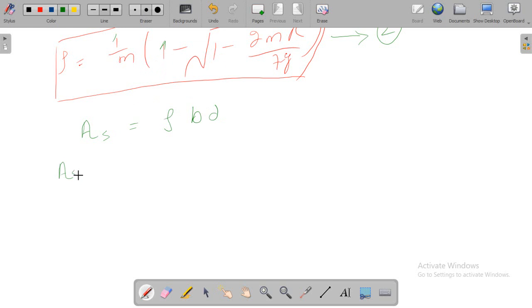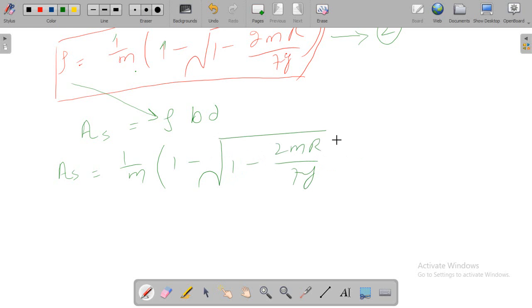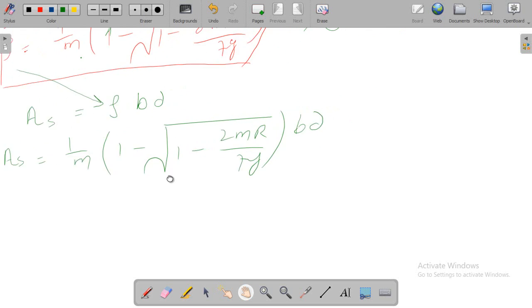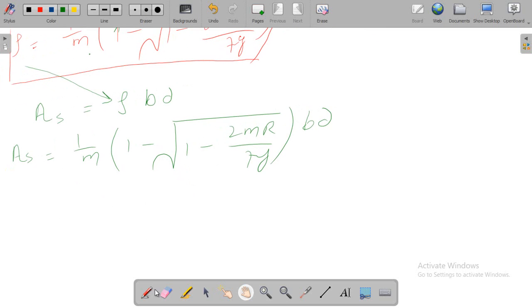So we have area of steel equals, we are just plugging in the value of rho, 1 over M into 1 minus under root 1 minus 2MR divided by Fy into bd, right? Now we are plugging in again the value of M and the value of R. So what we have next, right?